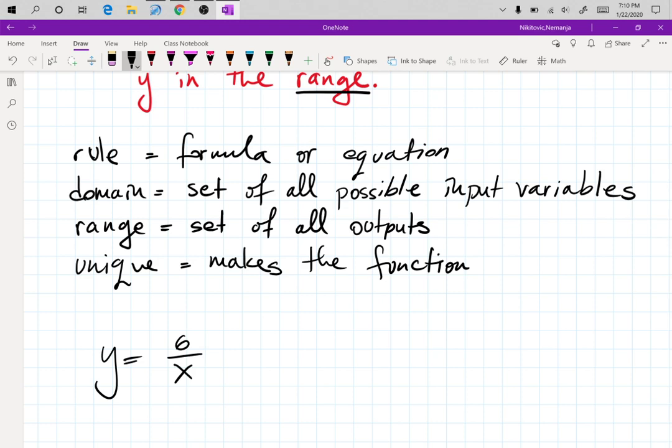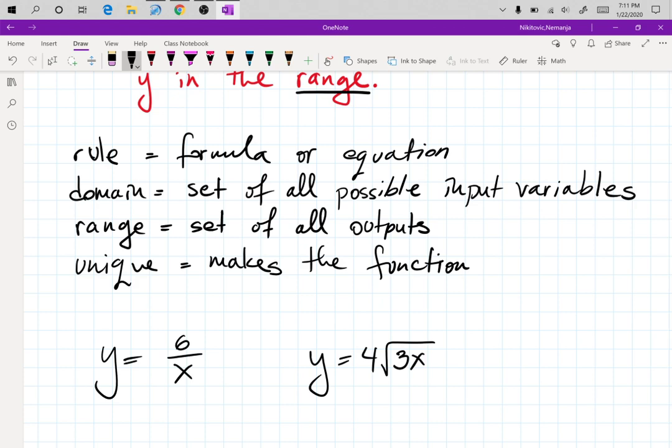Because you can't divide by 0. Now that's something that I will explain why, but not right now. If I have y equal 4 square root of 3x, I can't use any negative number here, because square root of a negative number is not a real number, it's an imaginary number. So there are restrictions.